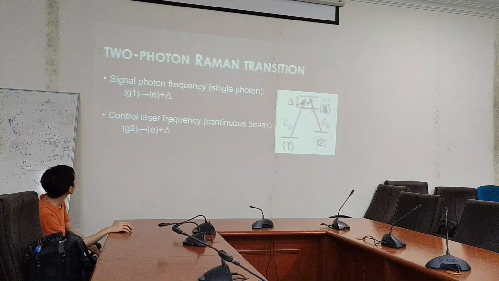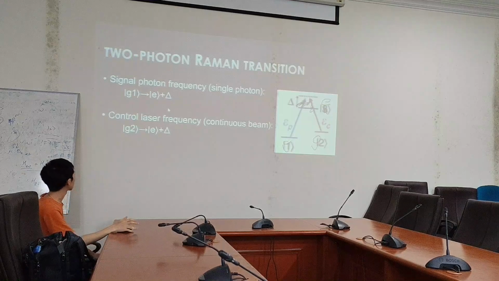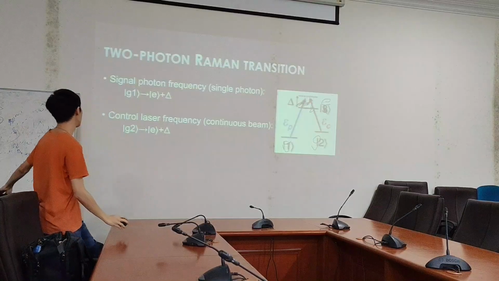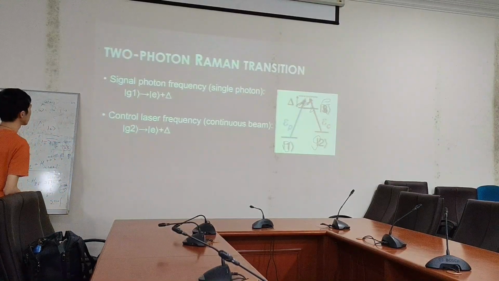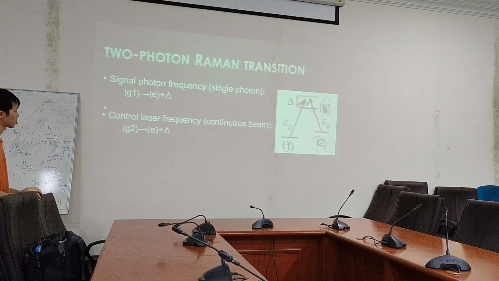So, two-photon Raman transition. The signal photon frequency, which means single photon is from G1 to the excited state plus detuning. And then the control laser is a continuous beam.